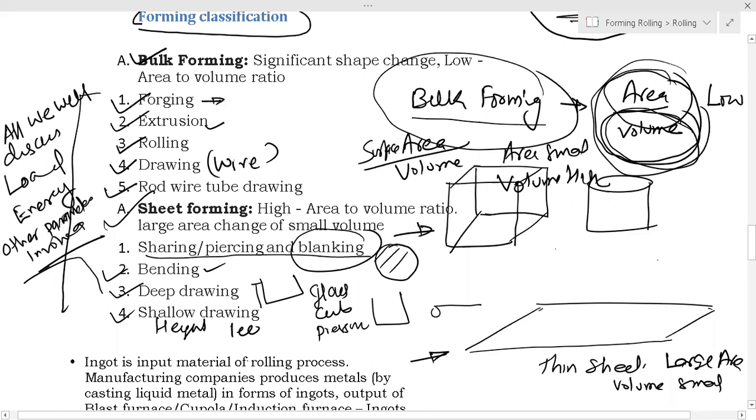We'll find the load estimation, how much load is required to change the shape. Suppose you want to change the size, increase the length, or decrease the thickness, how much load is required, how much energy will be consumed, everything we'll discuss. Okay, am I clear to all?